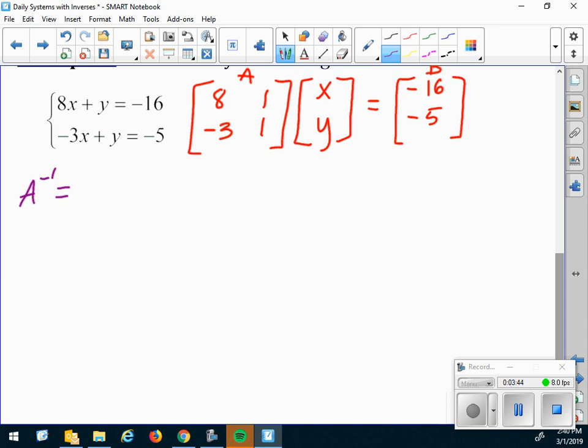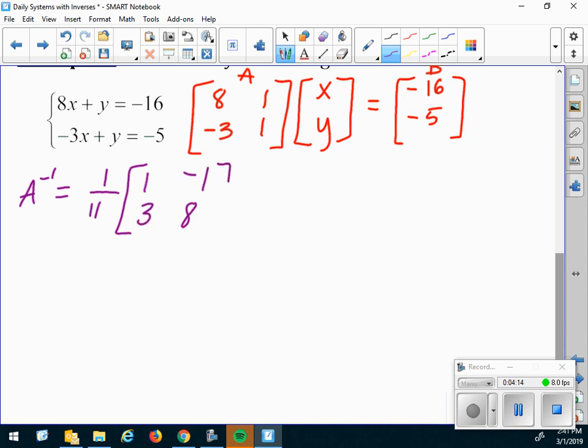What's the determinant of this matrix? 8 minus -3 is 11. What do I do with that 11? Good. So it's 1 over 11 times the funky matrix. Now, my funky matrix, what sits right here? What goes down here?